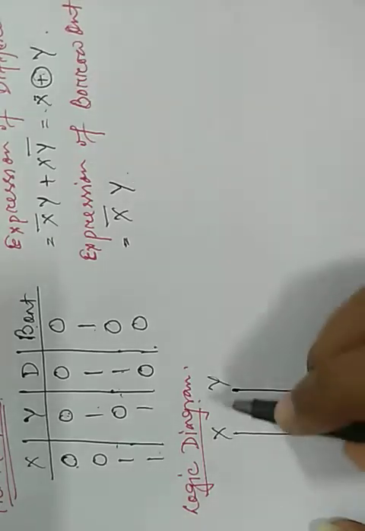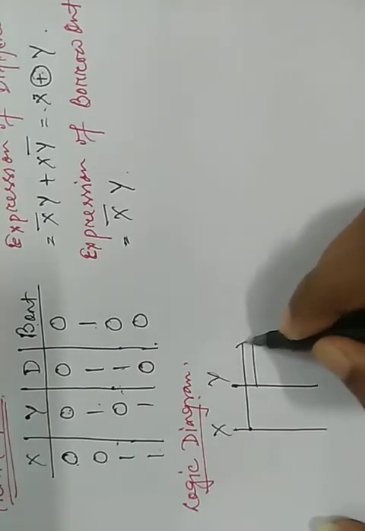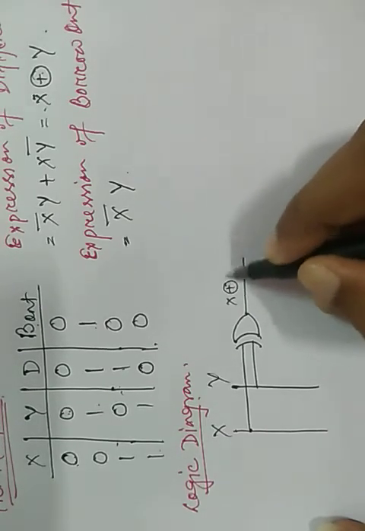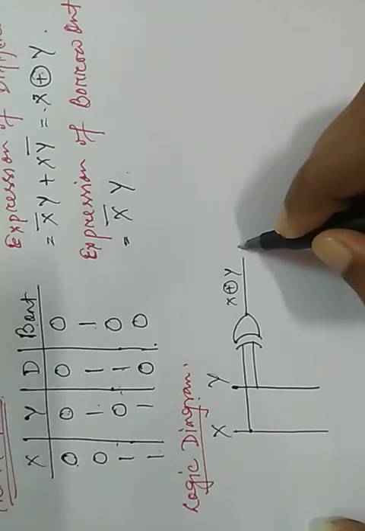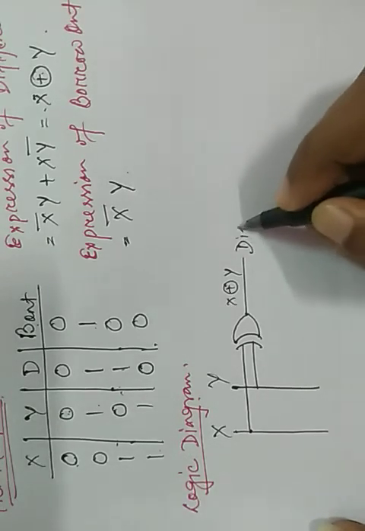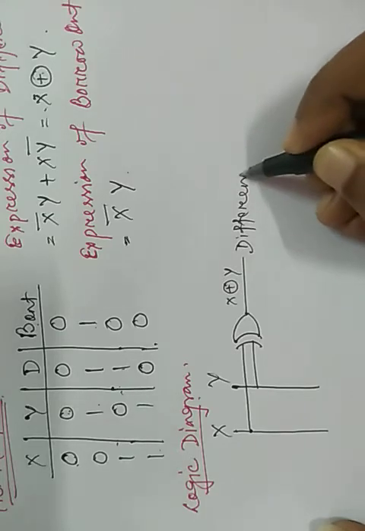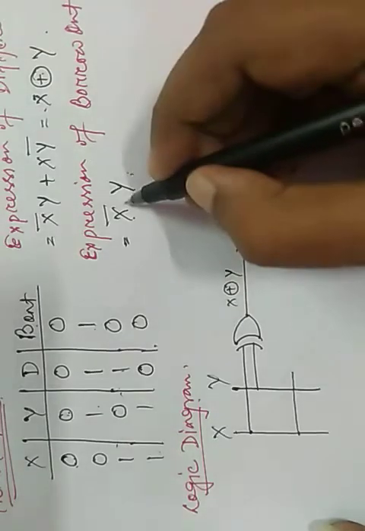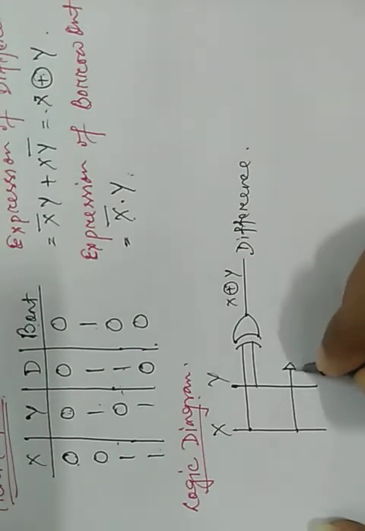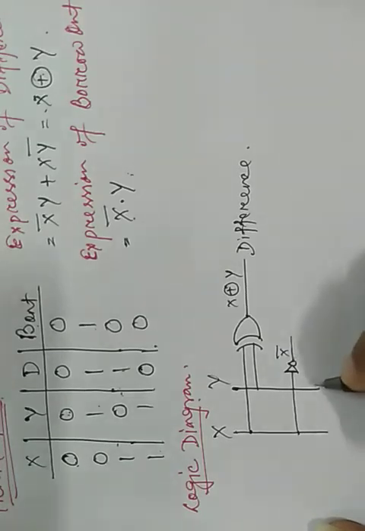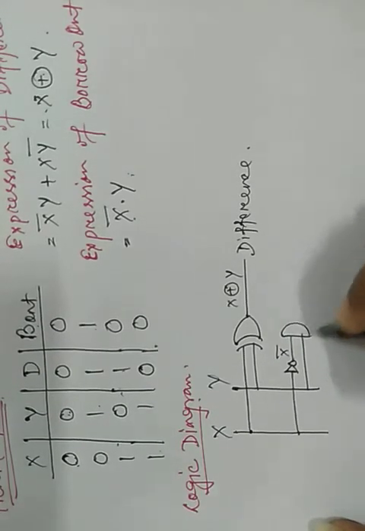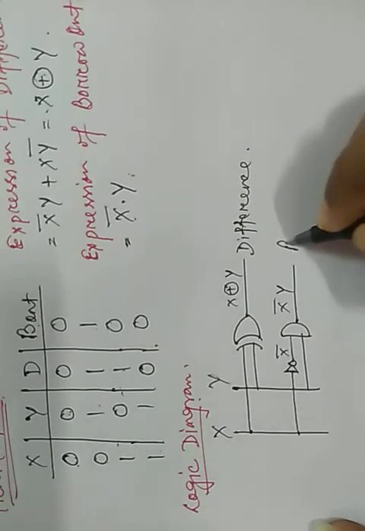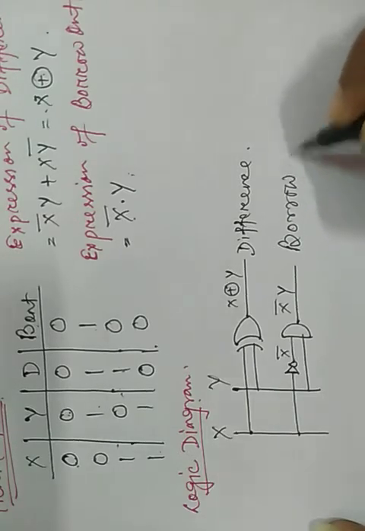One is x XOR y, that is the difference, and another is x complement y, x complement dot y, mind it. So x complement means a NOT gate, and with that we have to do the AND operation with y, x complement y. This is borrow out.